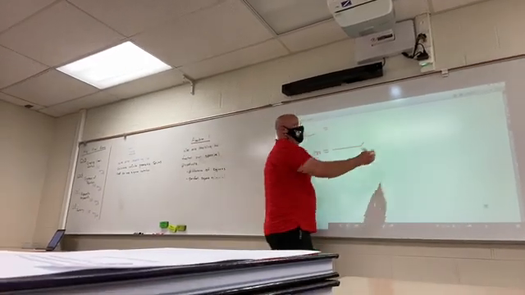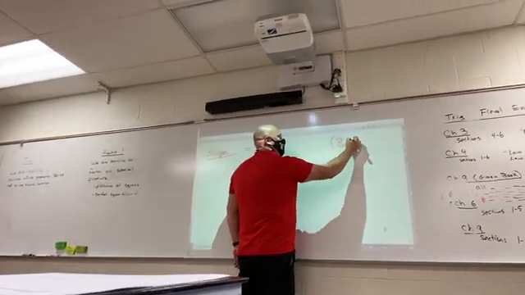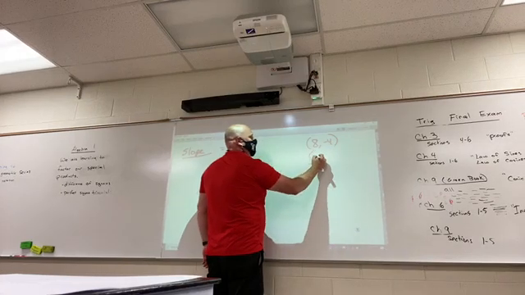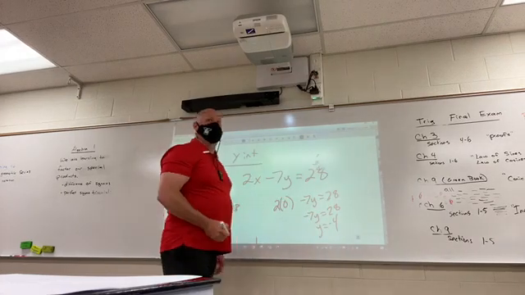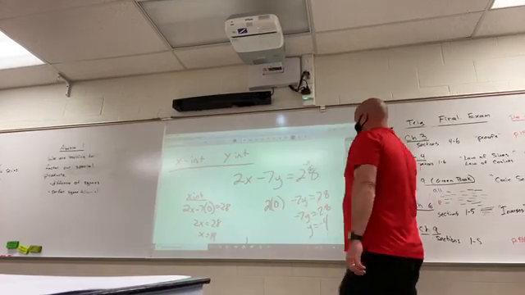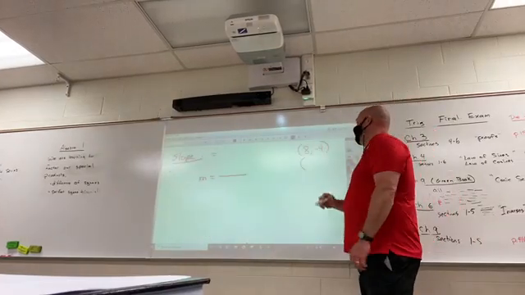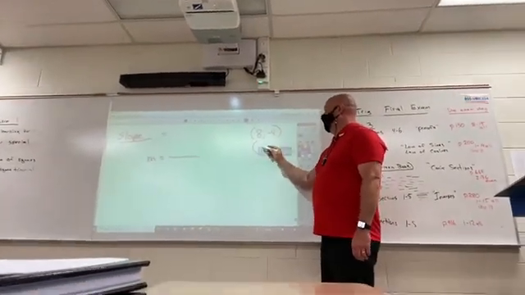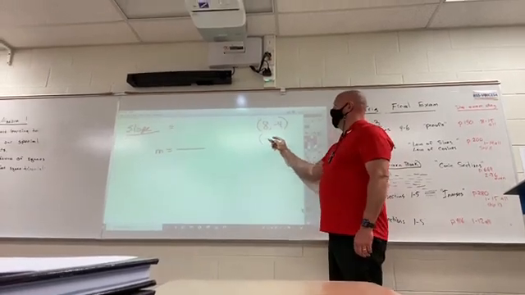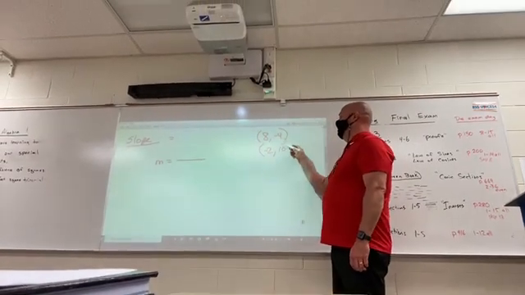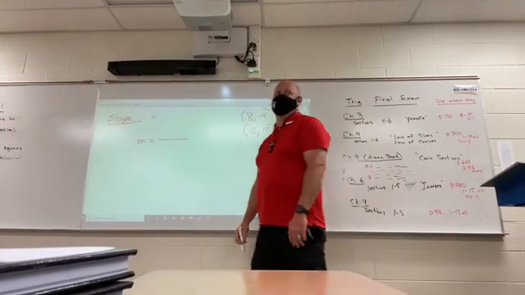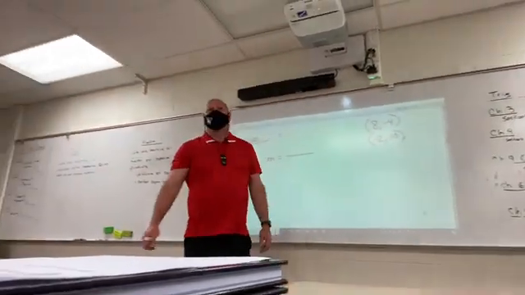So if I give you like 8, -4, and -2, 10, and say, what is the slope of that line that intersects those 2 points?